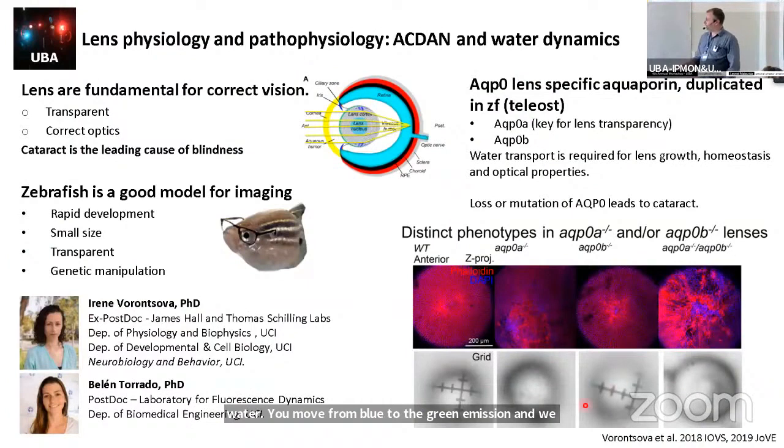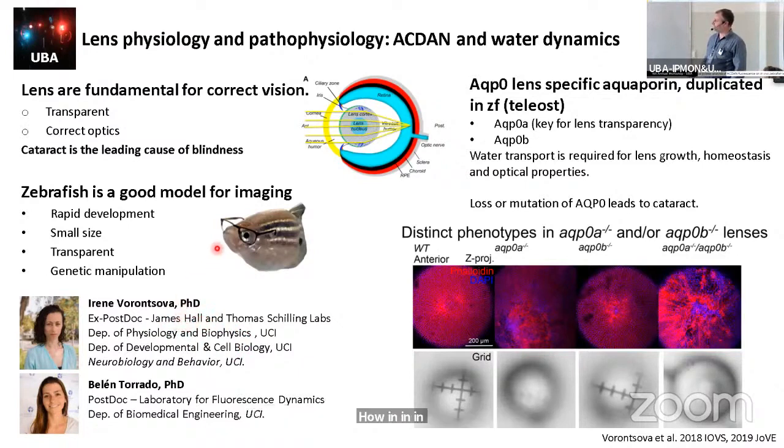And when I met Irene, she was a postdoc at the Tom Schilling lab, and also the James Hall lab in Irvine, California, and she was interested in lens biology because, well, lenses are fundamental for vision.